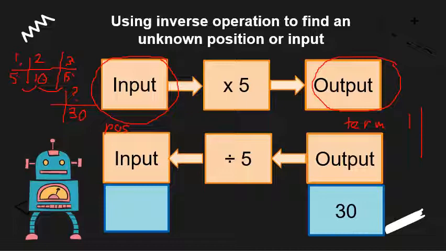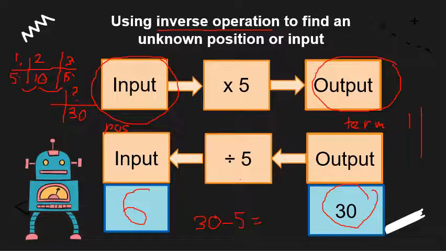We don't have the position. So we can apply the inverse operation. That's the opposite operation of multiplication, which is division. So in this case, we would do 30, which is our output or our term, divided by 5, and it's going to give us the position or the input, which is 6. So it's really just a case of reversing that rule, and that will give us that value there.